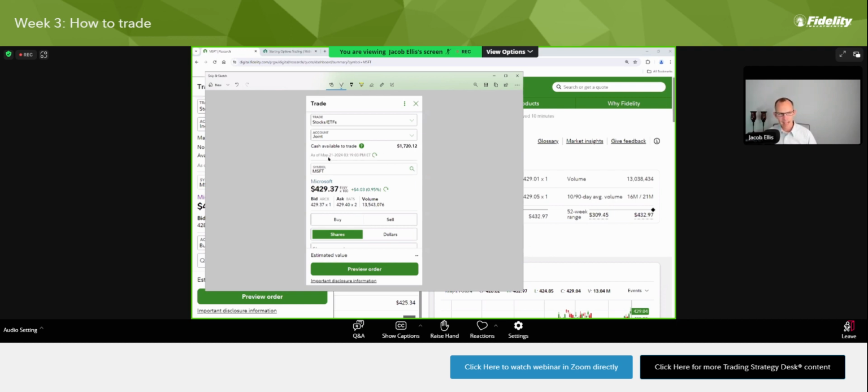All right. As we look here at cash available to trade, that does mean precisely what it says, that you could go ahead and buy right now this many dollars. This much is available for us to make our purchase. We can look at that in several different places, but that's probably almost self-explanatory. The only spot this gets messy, like I said before, is if you plan to be trading frequently.